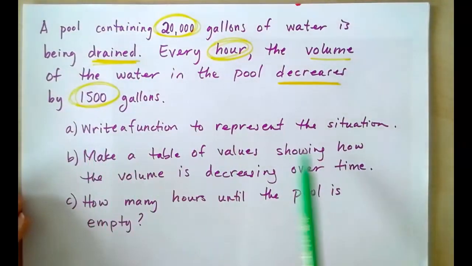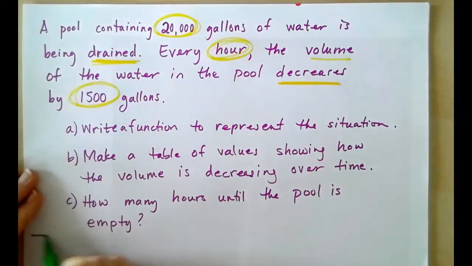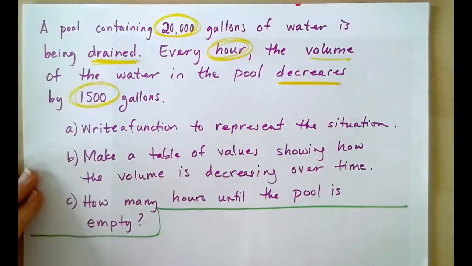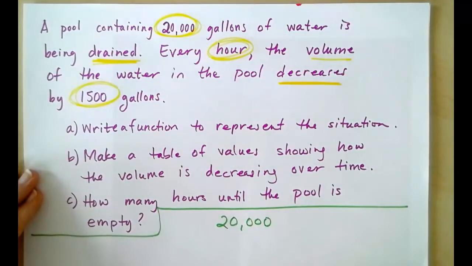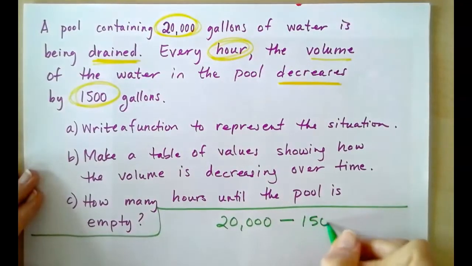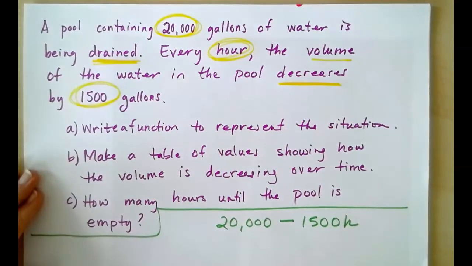A, write a function to represent the situation. So let's do A right down here. So what is my function going to be? Well, my pool is starting with 20,000 gallons, and it is losing 1,500 gallons every hour.